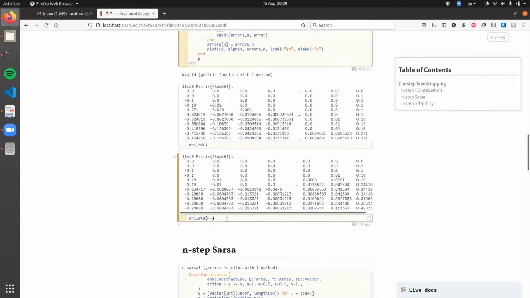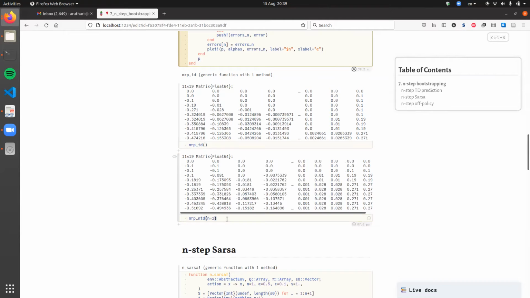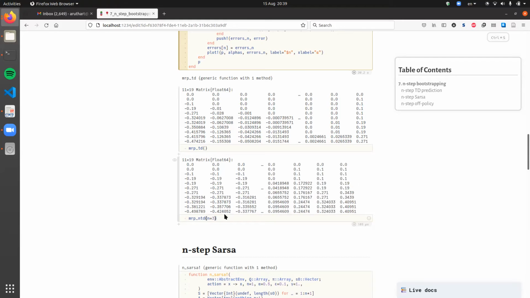But let's try to increase n and see what's going on. You can see that we have fewer 0 values after 2 time steps here, and with 3 we have even fewer, and with 4 we already have a lot of values updated after the third episode, right?